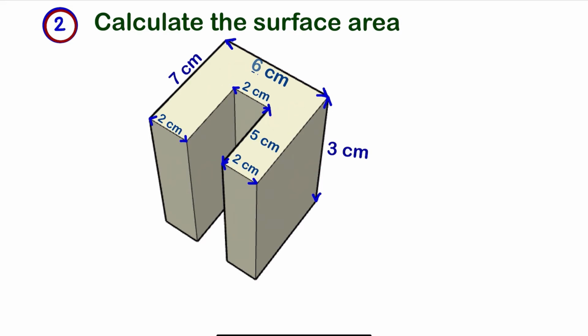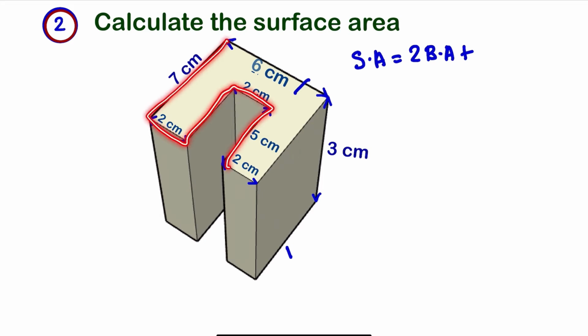The best formula to use for accuracy is surface area equals 2 times the base area, since there are two of them, plus the perimeter of the base times the height. So this is the formula we are going to use.